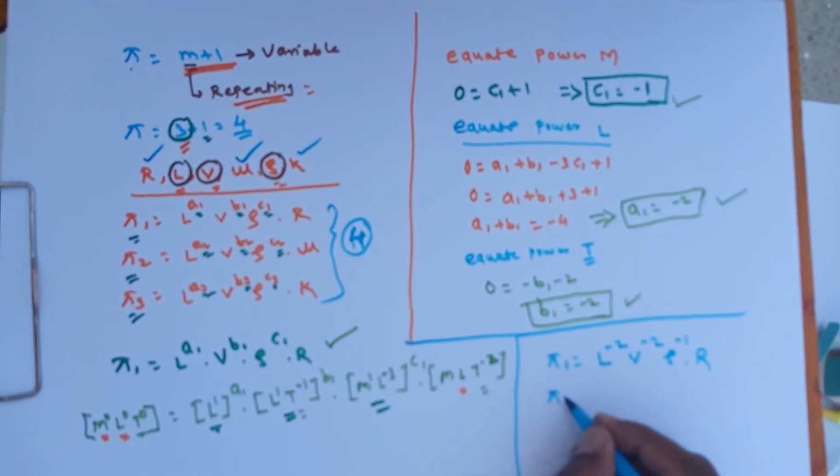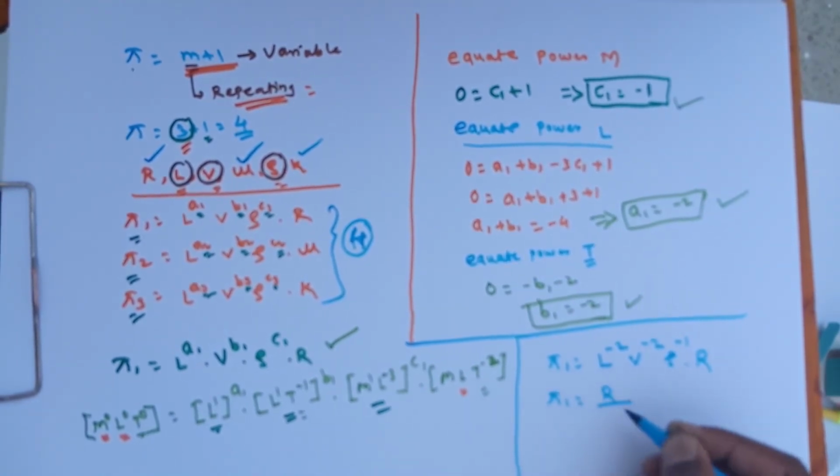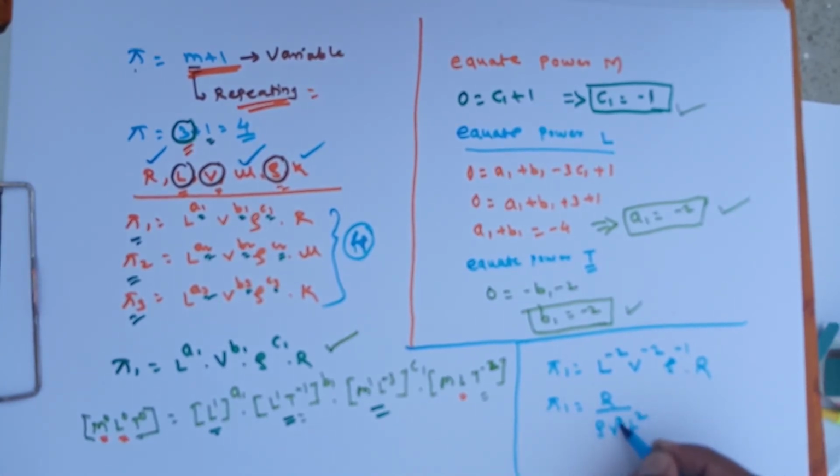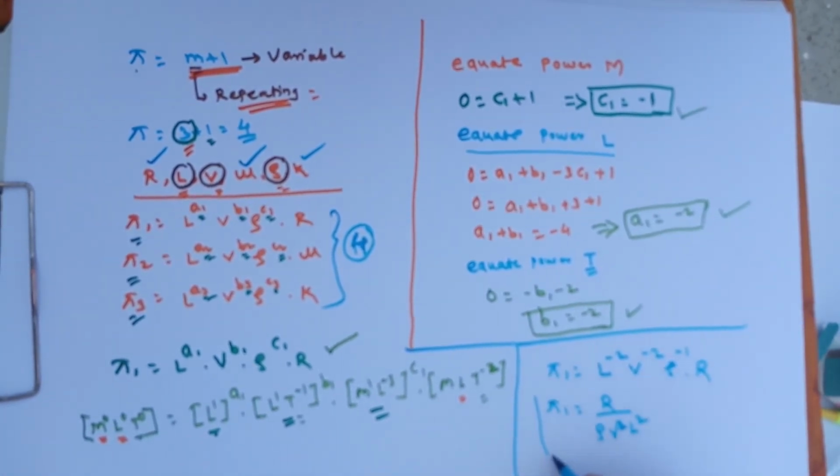So here I will get that pi 1 is equal to r upon rho p square l square. So here I am getting the value of the first pi term.